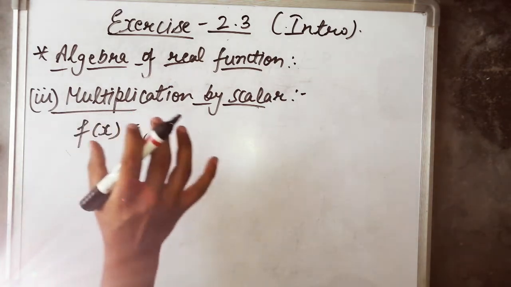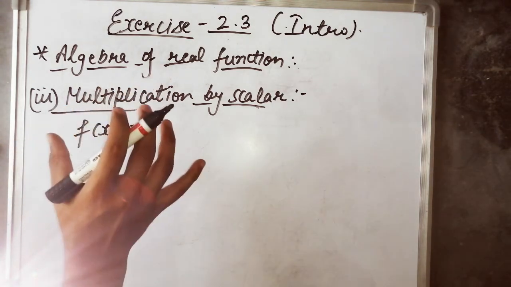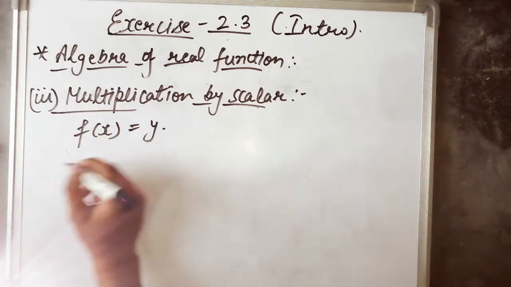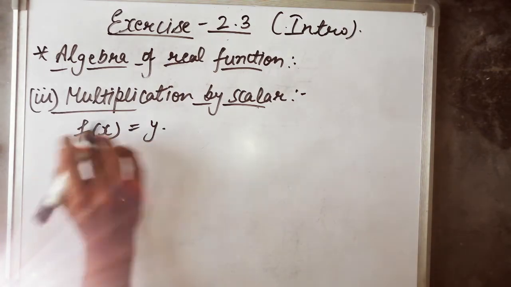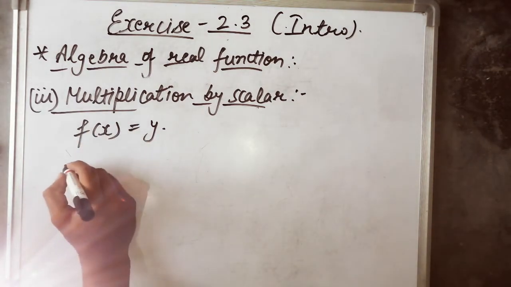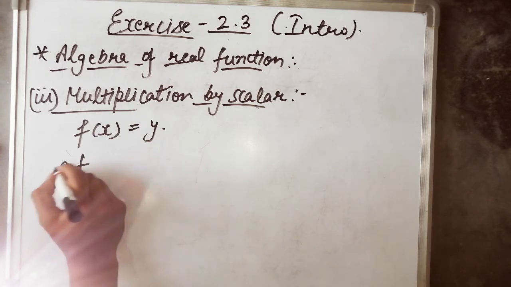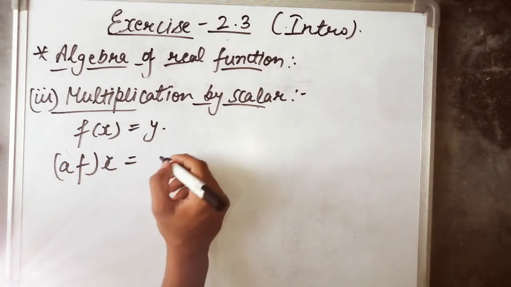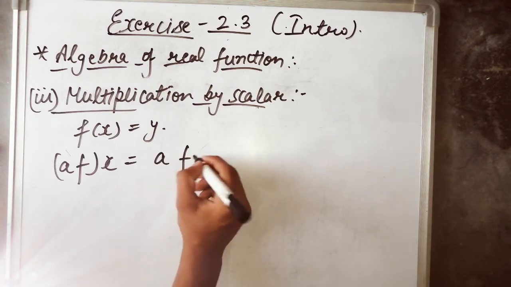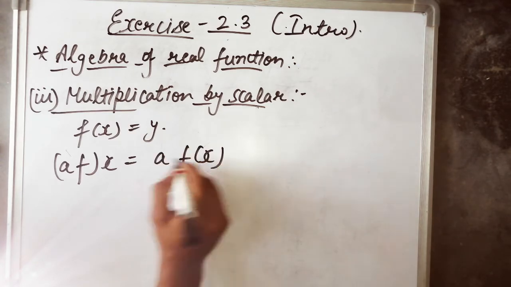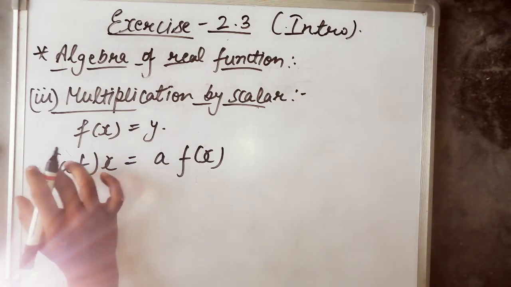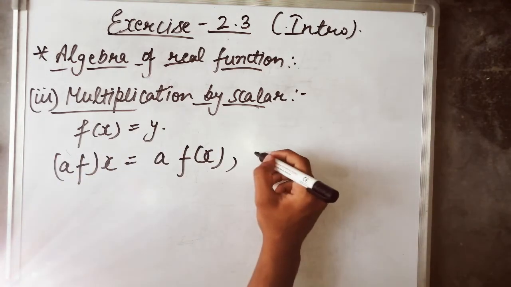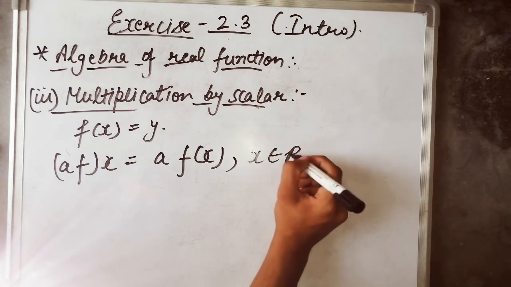When it is said to you multiplication by a scalar, you can write it as a f of x, and the result will be a f x, where a is a scalar and x belongs to the real numbers.